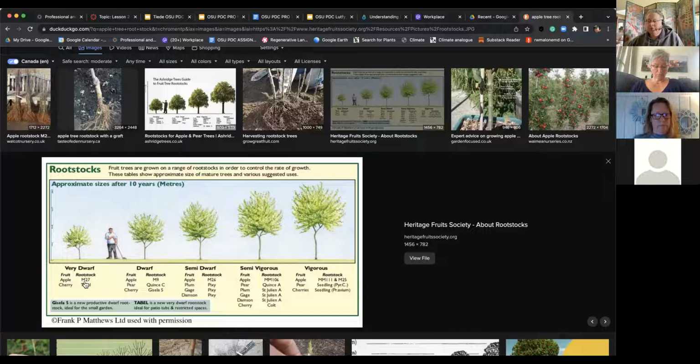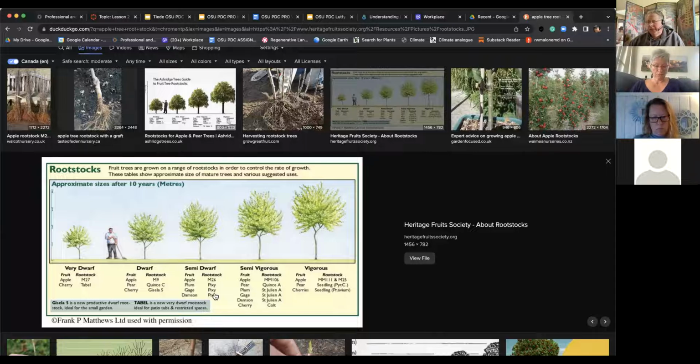The trick with this is they're telling you the name of the rootstock. So here it's an M27, an M9, an M26, an M106, or with these other types of fruit trees, St. Julian, a quince rootstock.